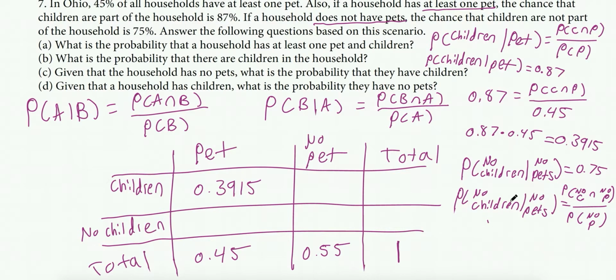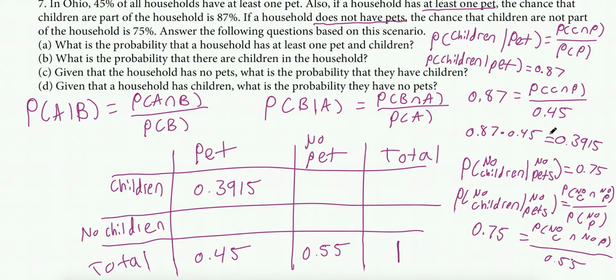So we're going to plug our numbers into our variables. So no children given no pets is 0.75 equals the probability of no children and no pets all over the probability of not having pets, which is 0.55.